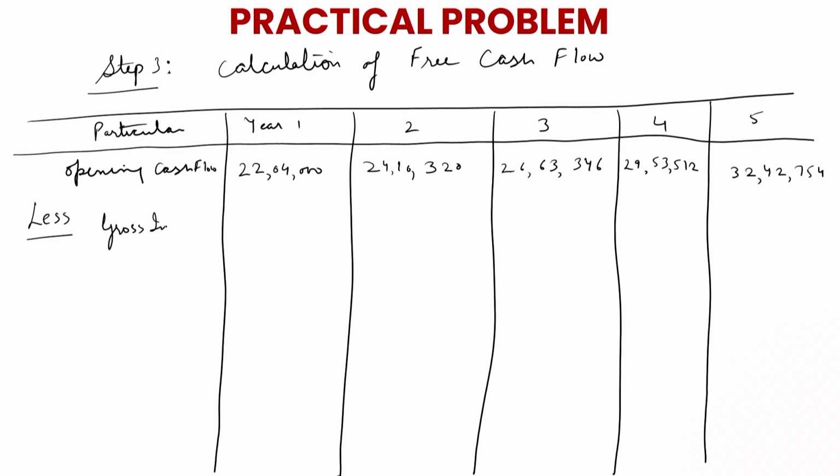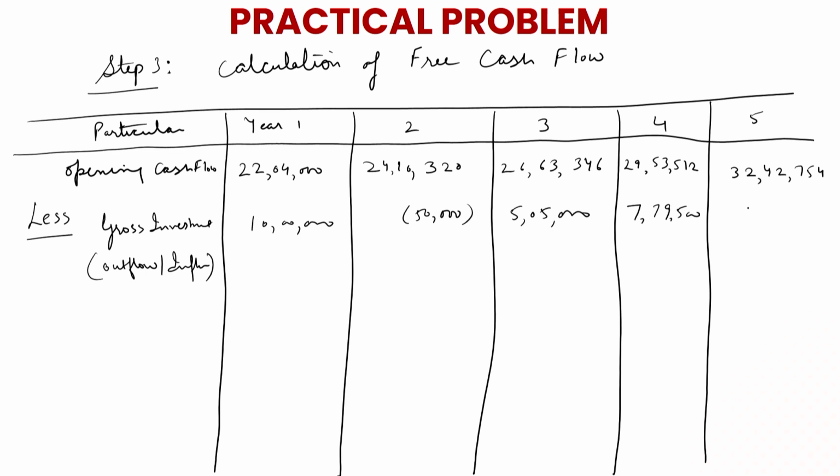Now we compare it with our gross investment, less gross investment. We just computed in step 2, which shows whether it is our outflow or inflow, as per the balancing figure left. So in the first year we have an outflow of 10 lakh. Second year we have 50,000 showing an inflow, then 5 lakh 5,000 outflow, 7 lakh 79,500 outflow, 48,450 inflow.